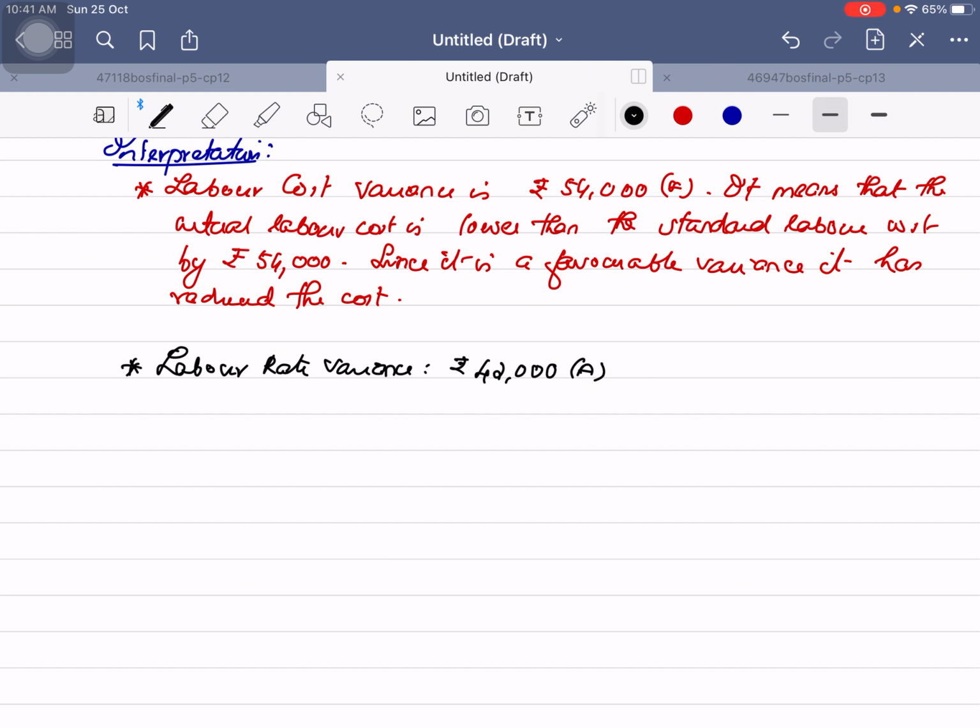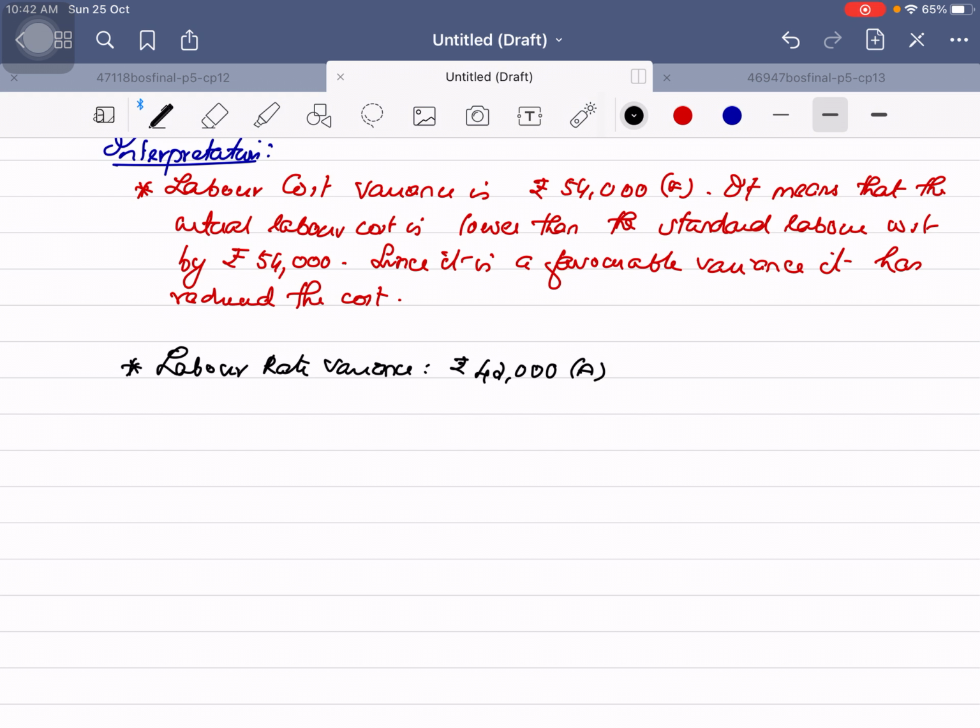The company has estimated a standard labor rate of rupees 8 per hour, whereas the actual labor rate was rupees 8.14 per hour.